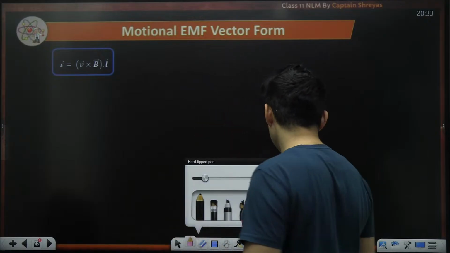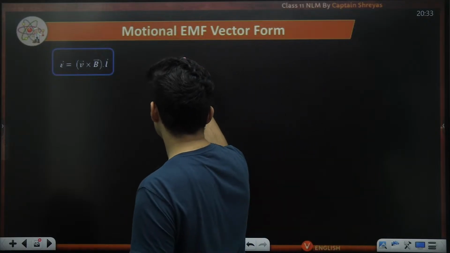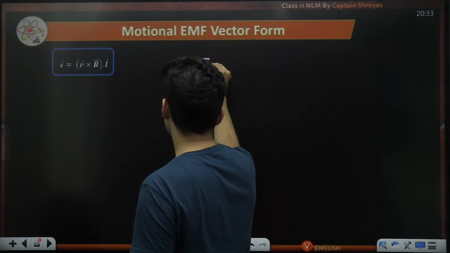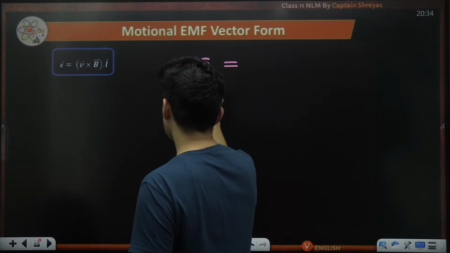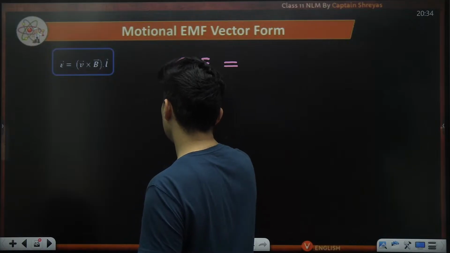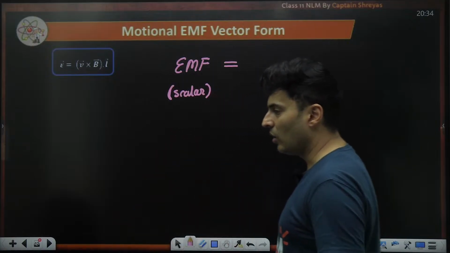So the actual true form of getting that EMF is, first of all, remember EMF is a scalar quantity. So the vector form has to be some scalar operation.